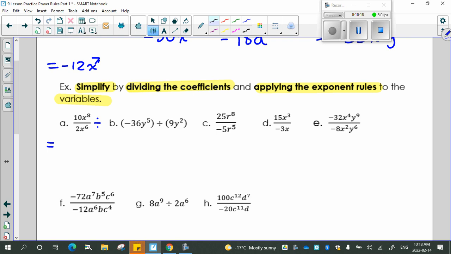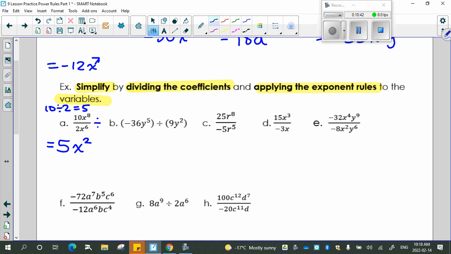And if I need to do that on the side, I do it up in the margins or on my whiteboard. 10 divided by 2 is 5. Now I'm dividing powers with the same base. So I keep that base x and subtract the exponents. 8 minus 6 is 2. Okay?